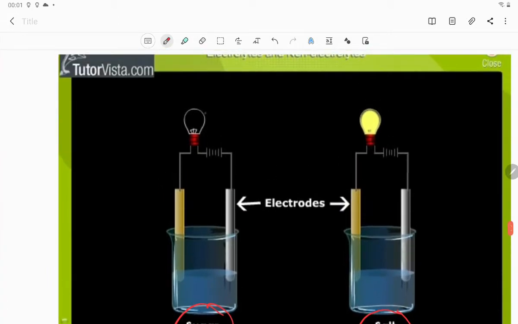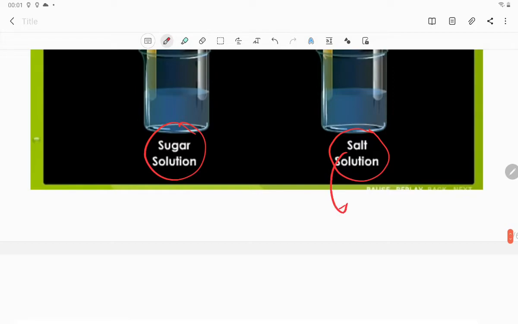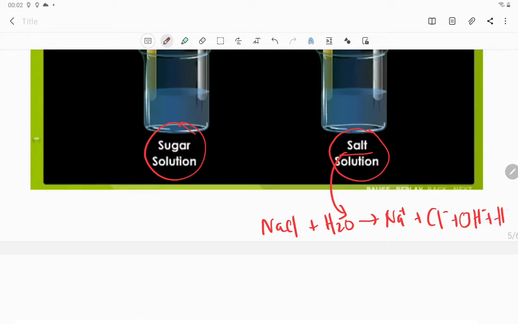For sugar solution, the light bulb does not light up, but for salt solution the light bulb lights up, because in salt solution, when we add sodium chloride in water, we will have free moving sodium ions, free moving chloride ions, free moving hydroxide ions from water, and also free moving hydrogen ions.